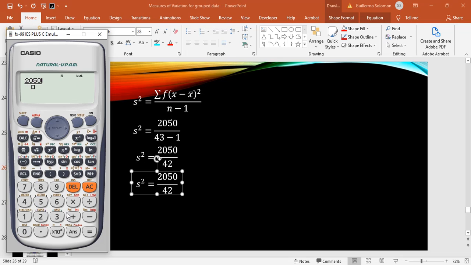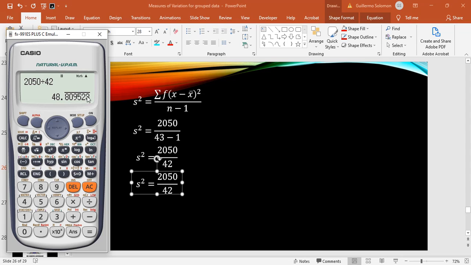2,050 divided by 42, that is 48.81. Okay, gamit tayo ng 2 decimal values. Okay. Pag ganito, may nakita kayong parang bar dyan sa taas ng number sa decimal value, ibig sabihin dyan is repeating decimals yan.